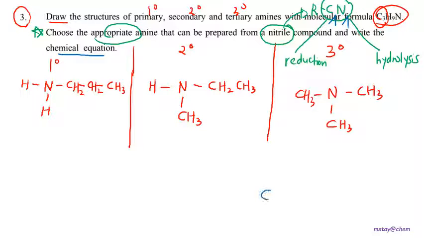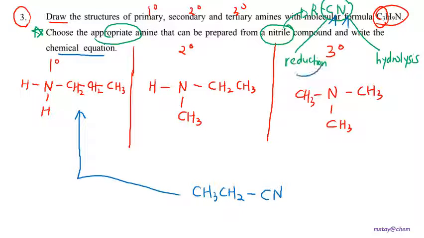There must be a CN, which already consists of 1 carbon, so there are another 2 carbons: CH3, CH2, CN. It undergoes reduction to produce a primary amine.